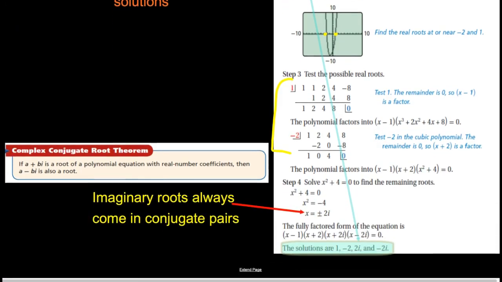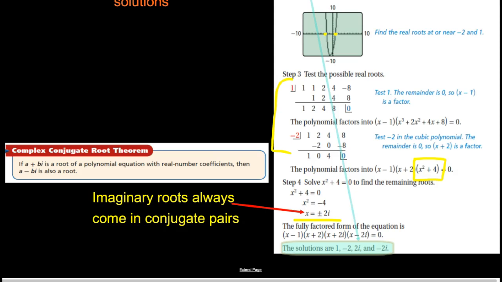And when you get down to it, you end up with x squared plus 4 as one of your factors. That does not have any real zeros, because you can't square something and make it negative. So x squared plus 4 will never be equal to 0 unless you have an i, right? That's where the solutions x equals plus or minus 2i come from.